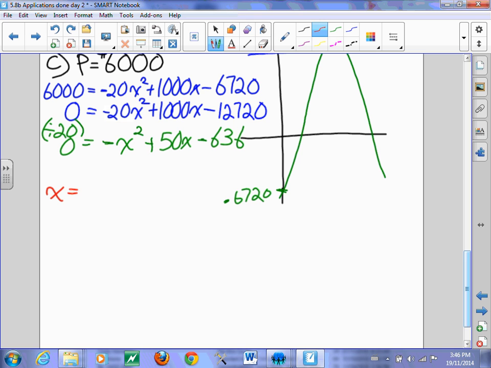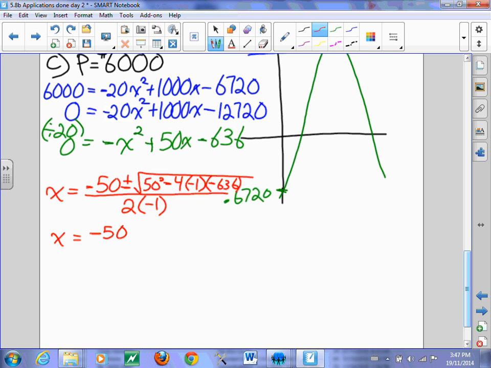So x equals negative 50 plus or minus the square root of 50 squared minus 4 times a, which is negative 1, times c, which is negative 636, all divided by 2 times a, which is negative 1. Use your calculator to do the work, ladies and gentlemen.